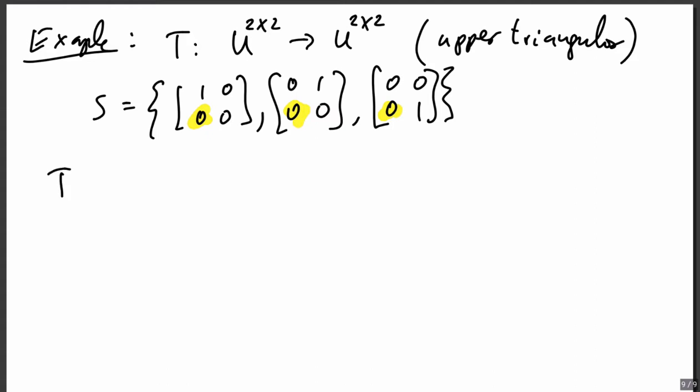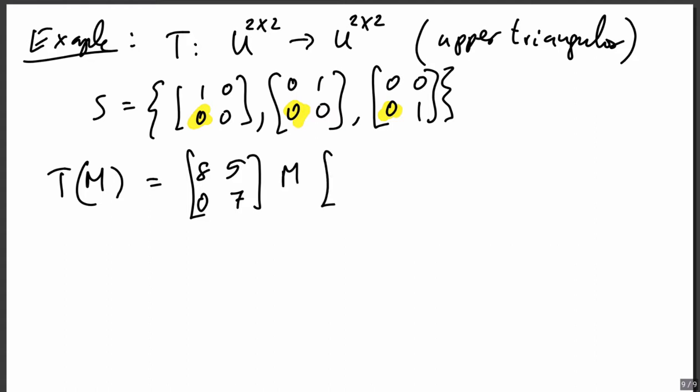The T applied to an M is the matrix [8 5; 0 7], then M, and then the inverse of [8 5; 0 7].